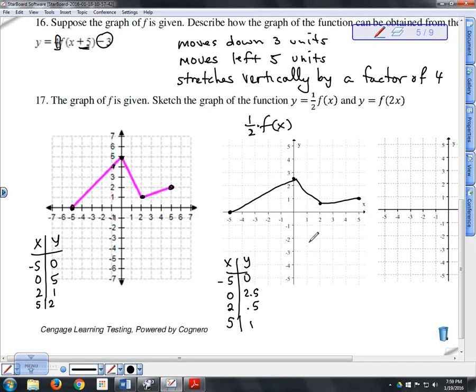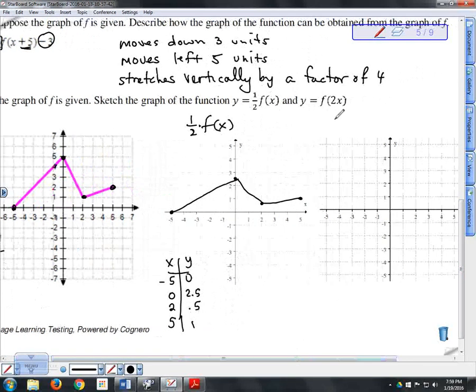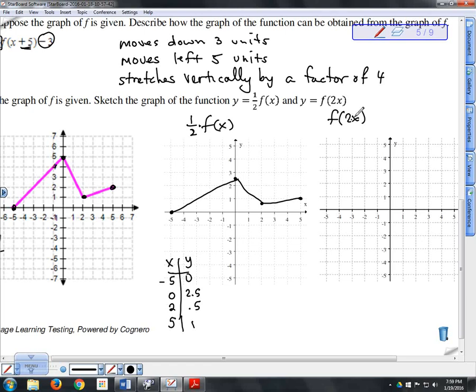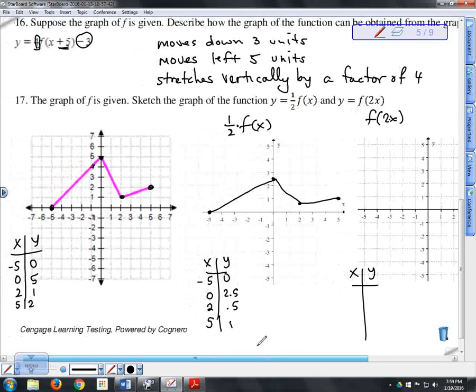Now this one here, f of 2x, since it's inside the function, it's going to affect the x values, but it has the opposite effect. Rather than multiplying the x values by 2, they're going to be divided by 2. Inside the function is opposite. So, referring back to the original table, the y values this time are not going to change. It's the x column that changes, and you have to remember inside the function is opposite.